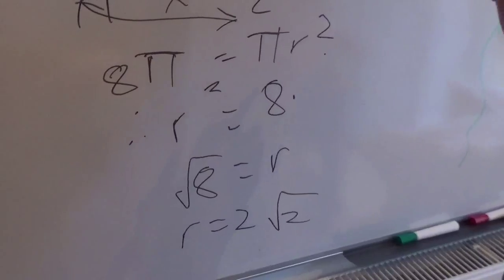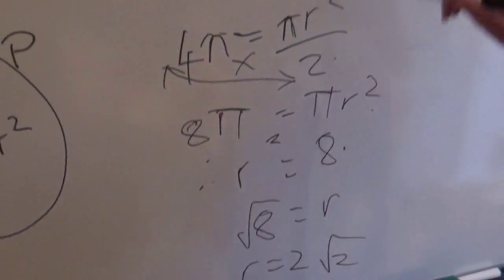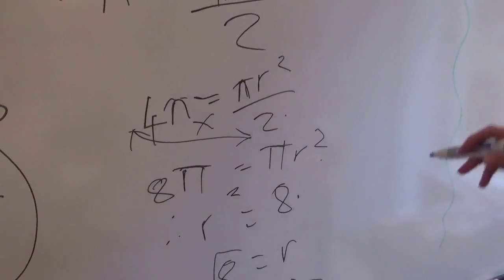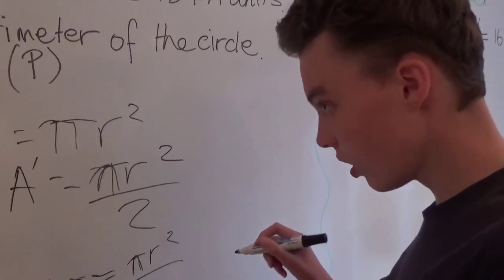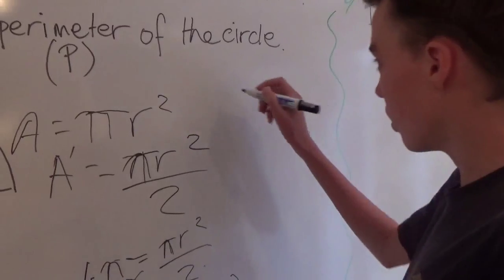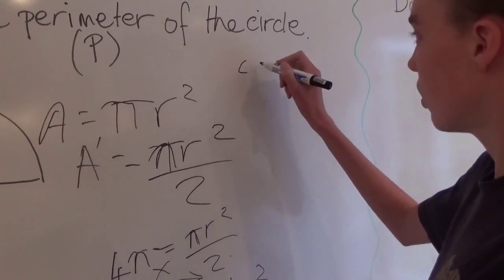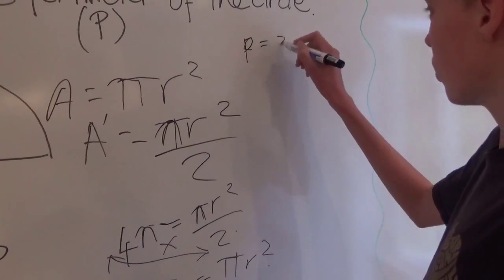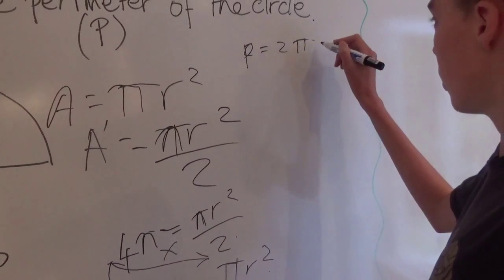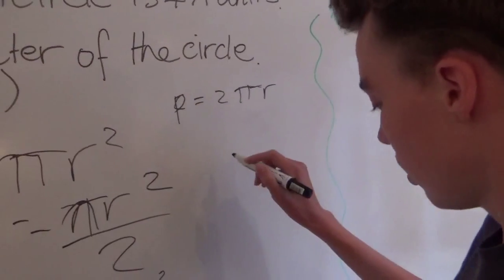Now the circumference of a whole circle, this is what the question asks us, is going to be pi d. Well, shall we stick to 2 pi r? So P, capital P equals 2 pi r.